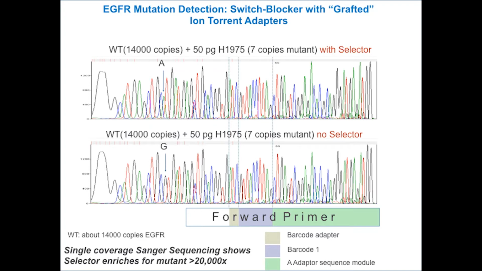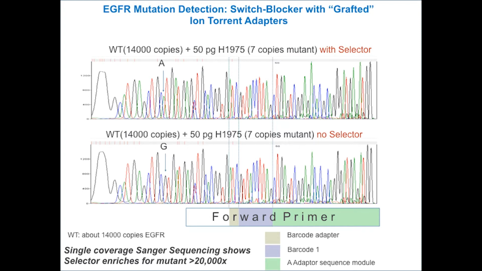What does this translate to and how do we use it? So we can take a crude minor allele frequency detecting instrument like a Sanger, put this on the front end, and what you're seeing here is that same T790M, but it's 14,000 copies of wild type with 7 copies of the mutant. So it's 99.95% wild type, and 0.05% mutant.